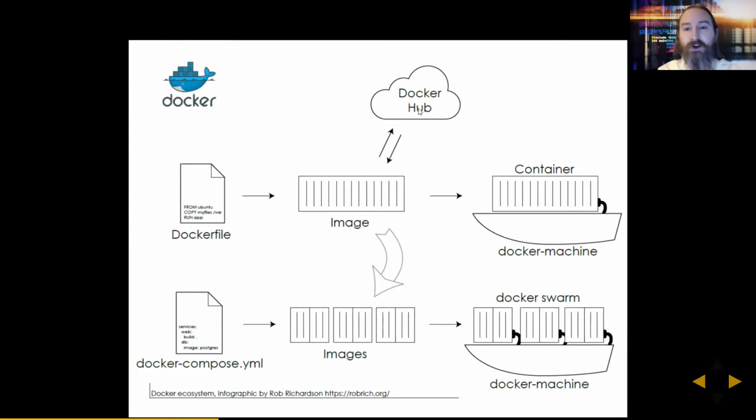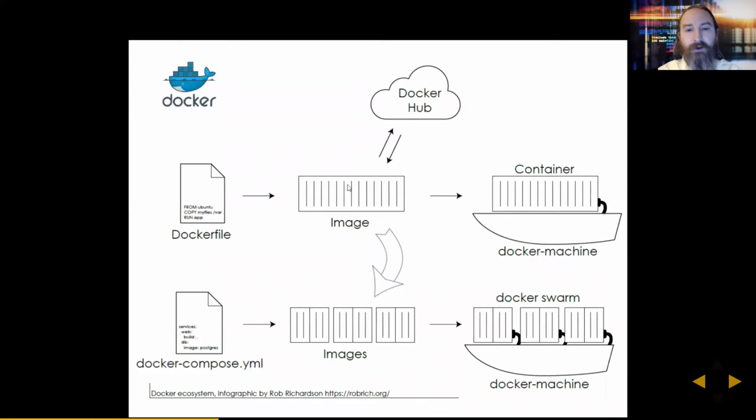We could choose to share those images with people on Docker Hub, or we could pull down images pre-built from Docker Hub or another registry. We can then start that image as a container inside of a Docker hypervisor. So I'll have my configuration as code, I'll build that into an image, and I'll run it as a container.